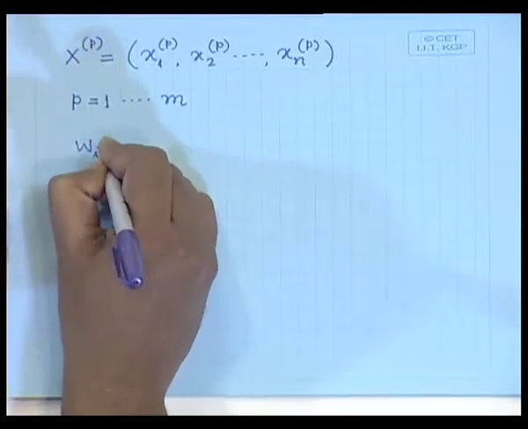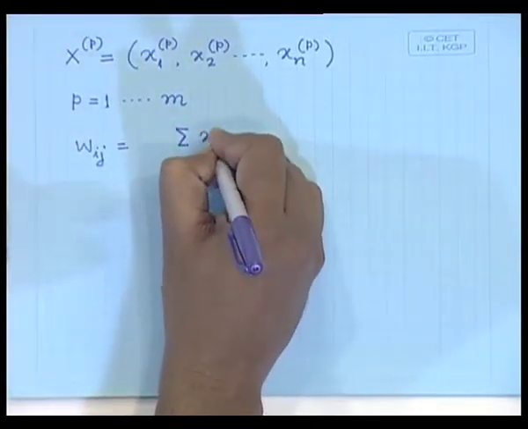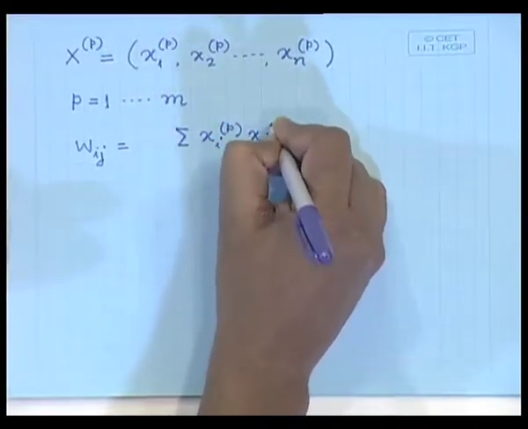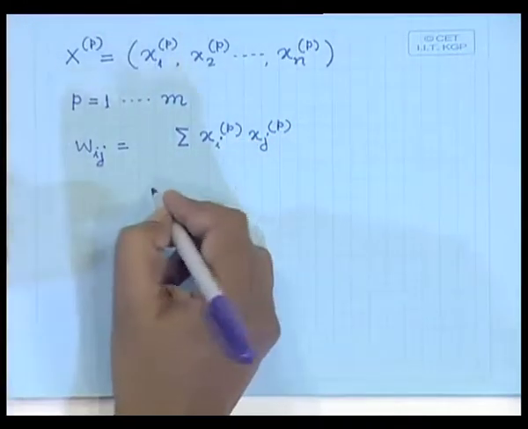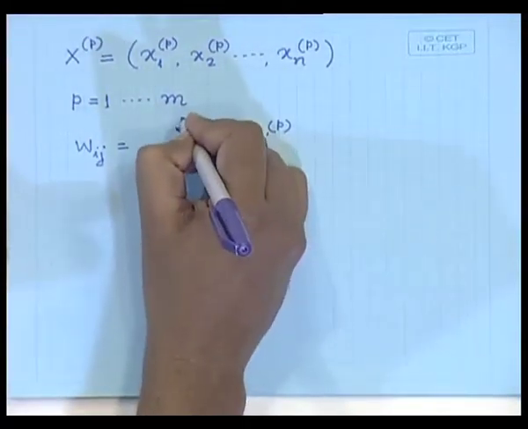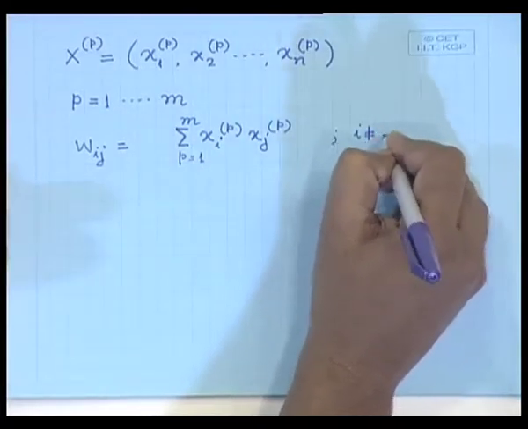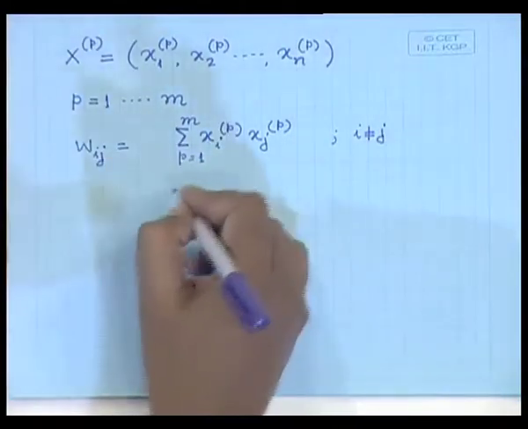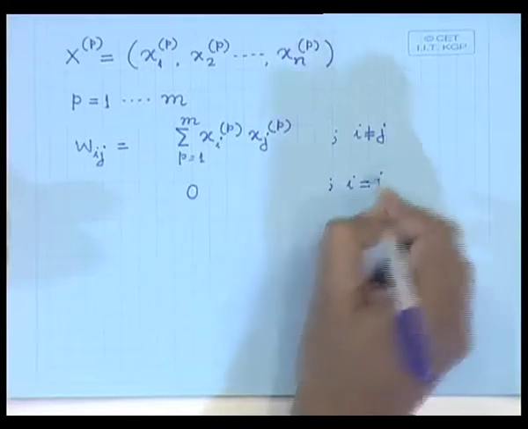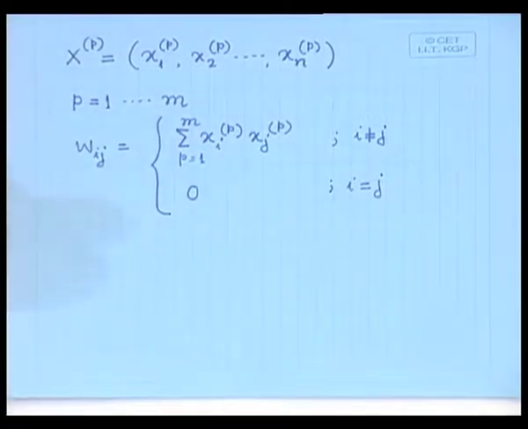So, Wij is given by the sum of xip into xjp, where p varies from 1 to m, for all i not equal to j, and it will be equal to 0 if i is equal to j. So, that is how you set Wij.